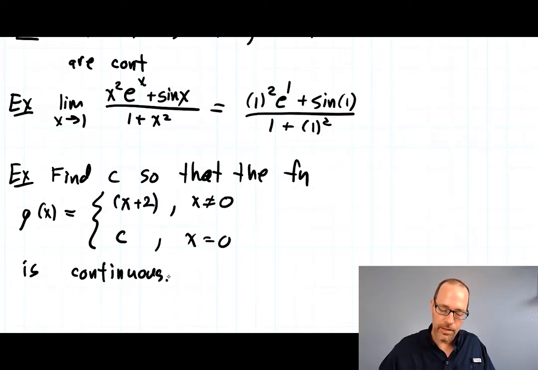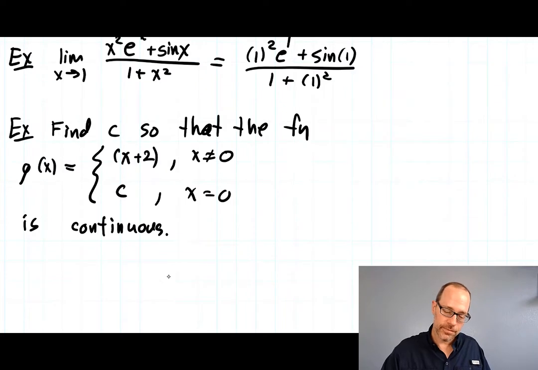Well, first of all, away from 0, this function is clearly continuous.